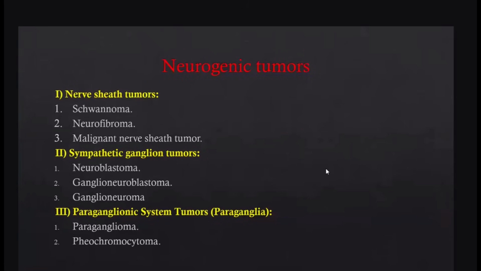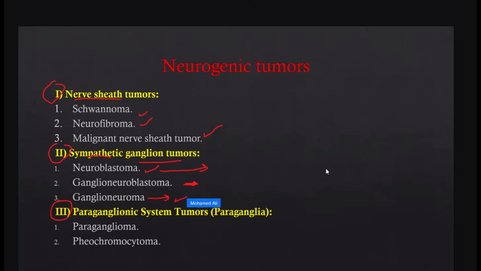Neurogenic tumors, we have three types: nerve sheath tumors, schwannoma, neurofibroma, malignant nerve sheath tumor; sympathetic ganglion tumors, neuroblastoma, which is the most aggressive and common in the pediatric age group. Ganglioneuroblastoma is mixed between benign and aggressive or malignant features. Ganglioneuroma is considered a benign form of neurogenic tumors.